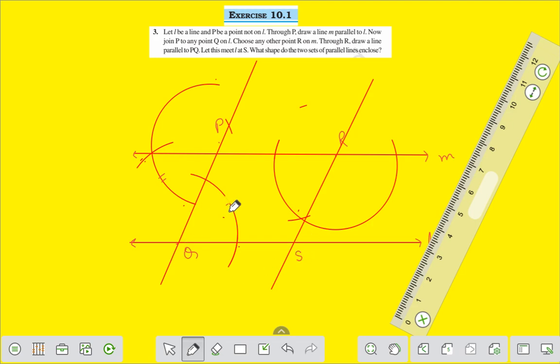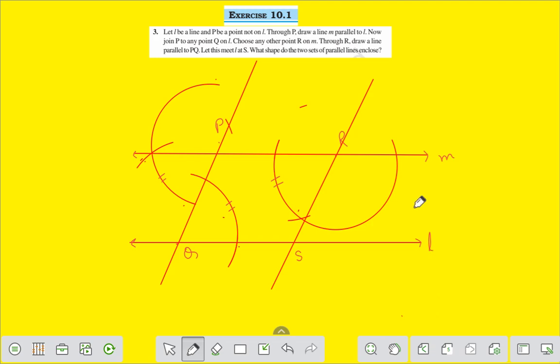Here you see that this angle is equal to this angle and this angle is equal to this angle, right. That means angle PQS is equal to angle QPT.